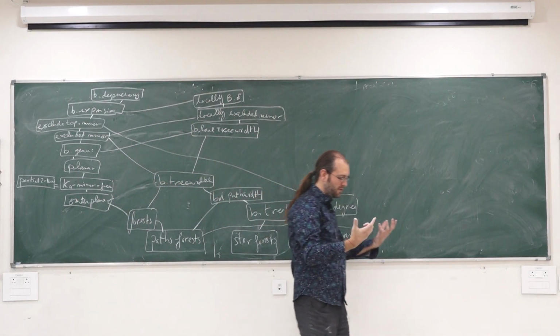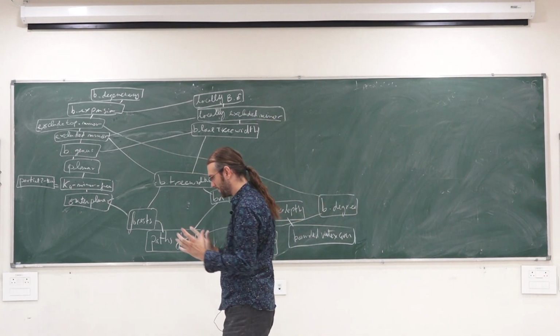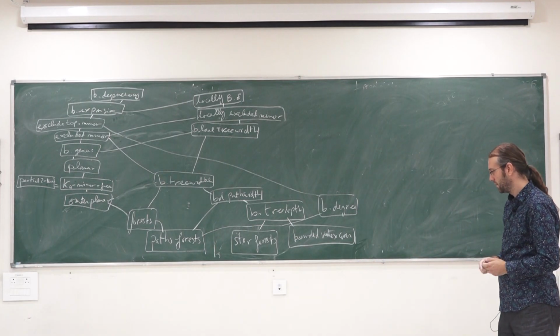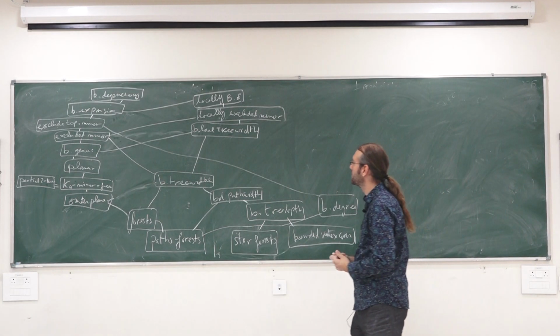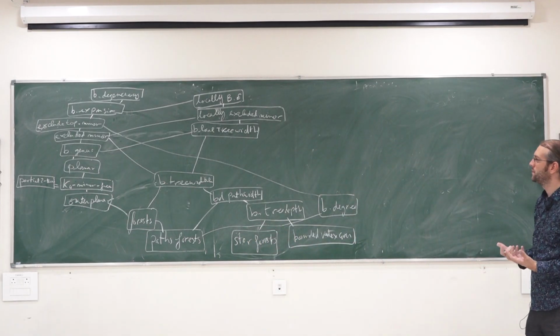So it means that for every d, you take a subgraph of radius d of your class.